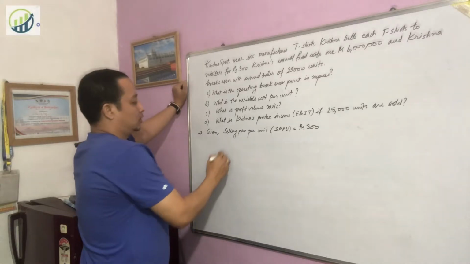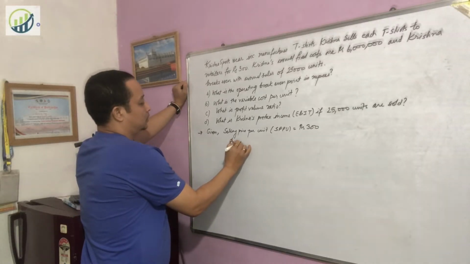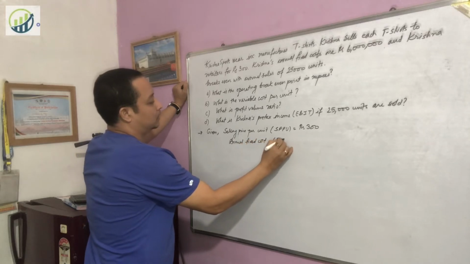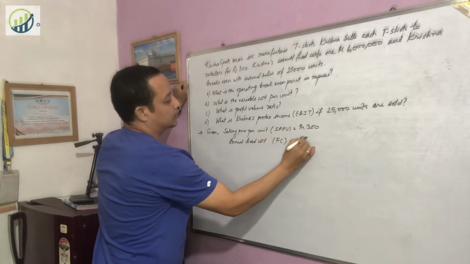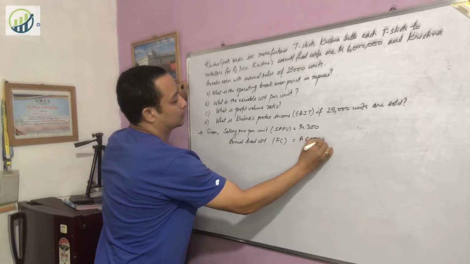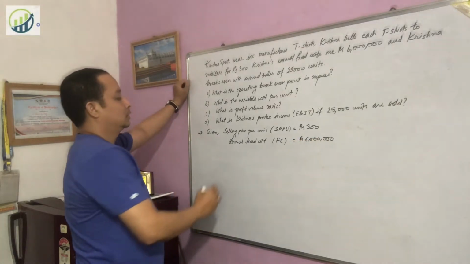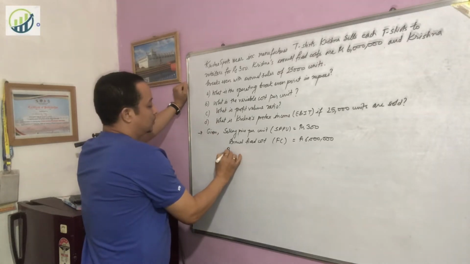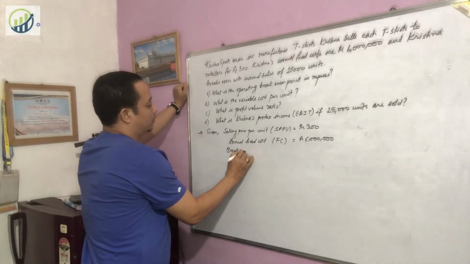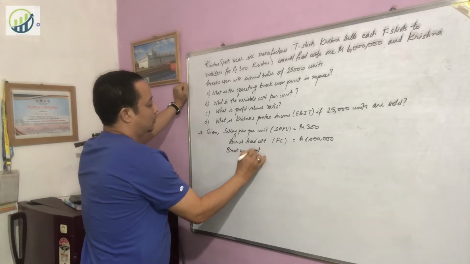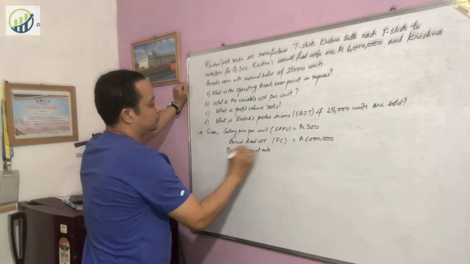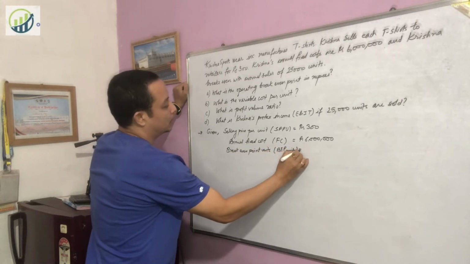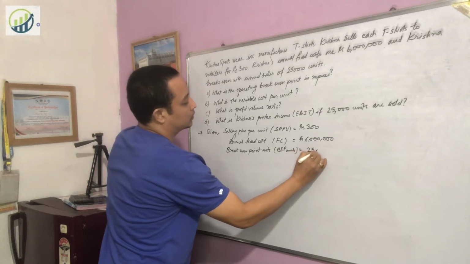And now fixed cost, annual fixed cost, FC equal to rupees 6 million. Krishna's break-even point with annual sales, so break-even point units, BP units, is 25,000 units.